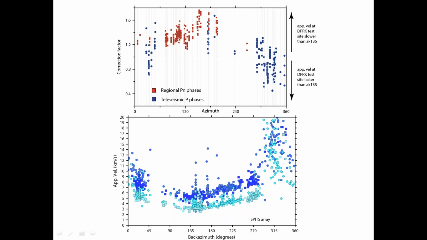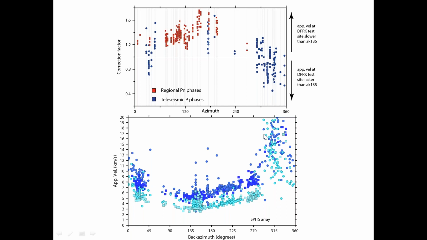If you have a P wave arriving from an event at a regional distance due south, it will arrive with an apparent velocity of between 4 and 5.5 kilometers per second, which is very, very slow relative to the assumed upper mantle velocity. And yet, if you have an event from the same distance from the northwest, it's arriving with 15 to 20 kilometers per second. It looks like it's a teleseismic phase.